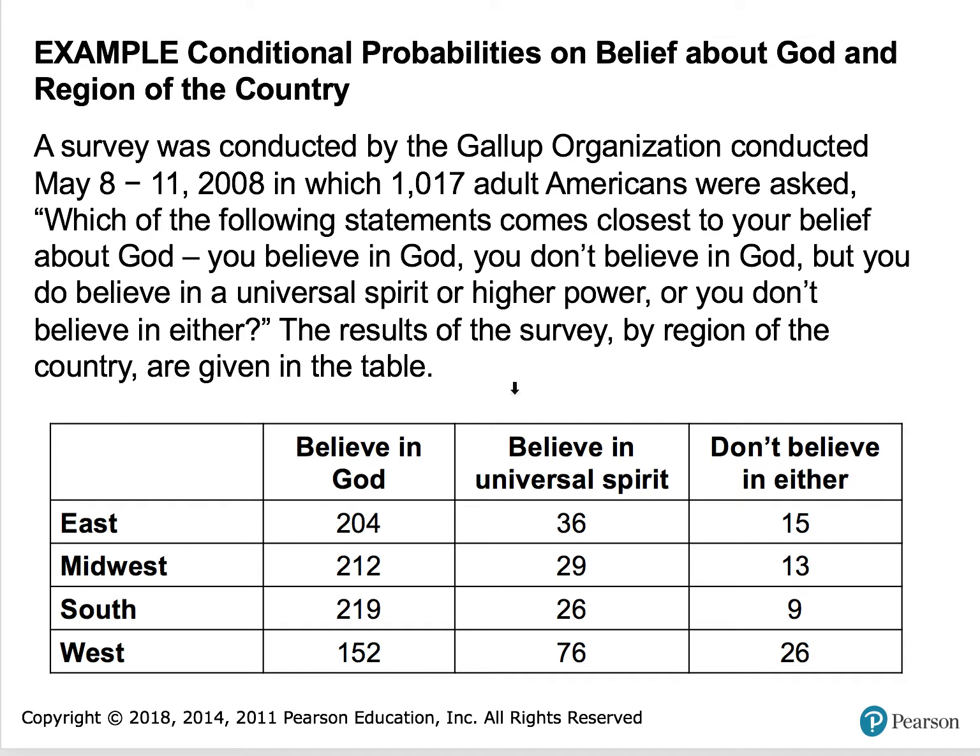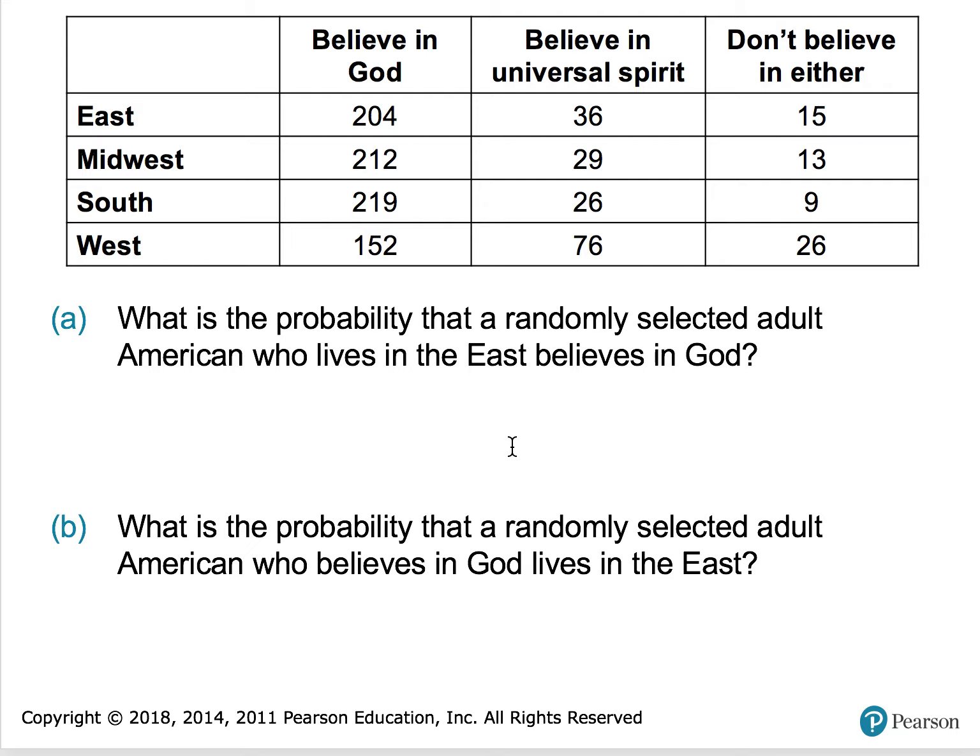The results of the survey by region of the country are given in the table: East, Midwest, South, West. I'll keep this data on the next slide, but here's our question.